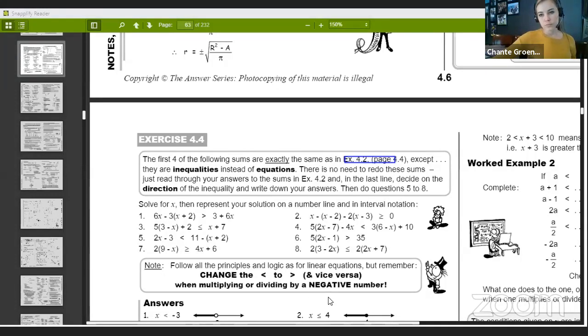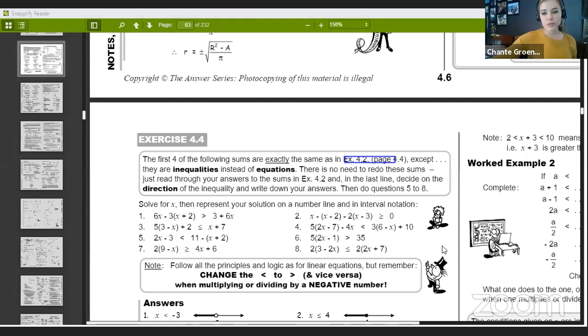We had Arthur here saying I'm allowed to treat it as a normal equal sign, but when you divide or multiply, he actually said divide, you change the sign. Have a look here. I forgot to mention it up there. Thank you for reminding me.